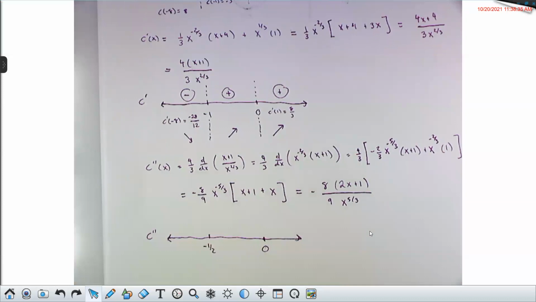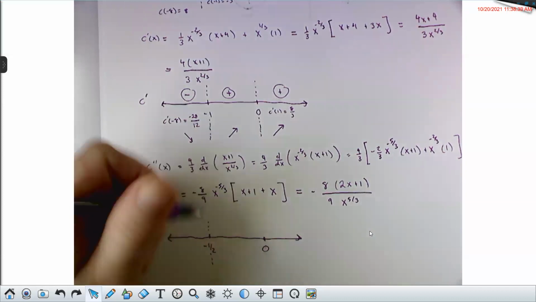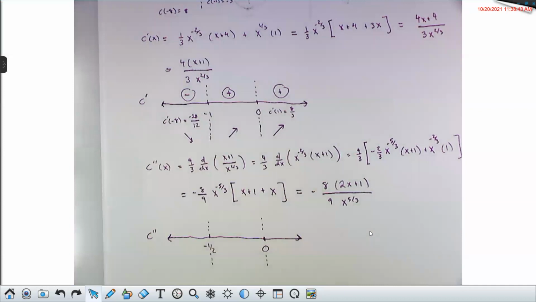At negative 1/2 here, I have questions. You used the 4/3 multiple minus 2/3, but your right side doesn't have any constant. It's not x plus 1 plus x.